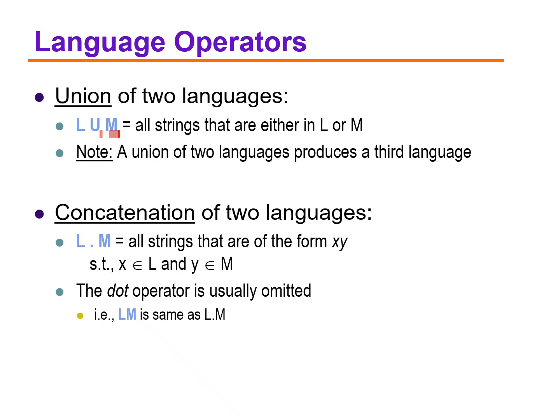When both appear also, it is not a problem. This is called union. And here L dot M is concatenation of two languages. The dot operator usually we will not mention in expressions, but it is implicitly available. But here duplicates are not allowed in a concatenation operator.